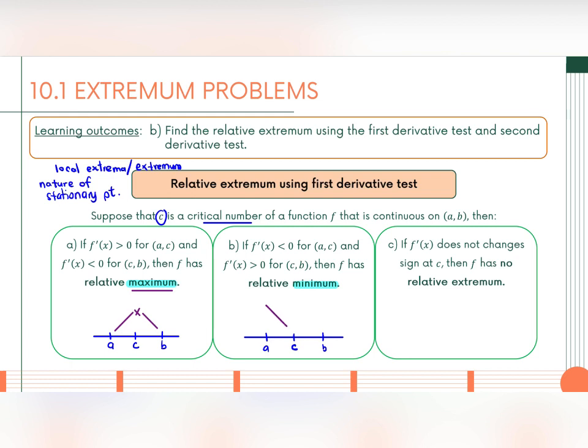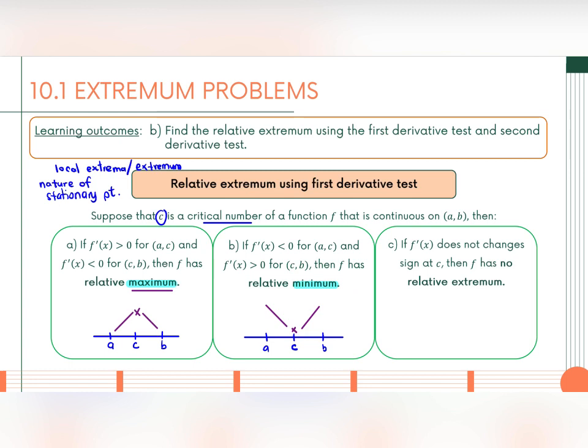Okay. Dan bila F prime X is greater than 0, dia dekat C until B. So, C until B dia menaik. Okay, gradient dia positif. So, that means dekat point C ini, dia akan dirujuk sebagai minimum point ataupun relative minimum.